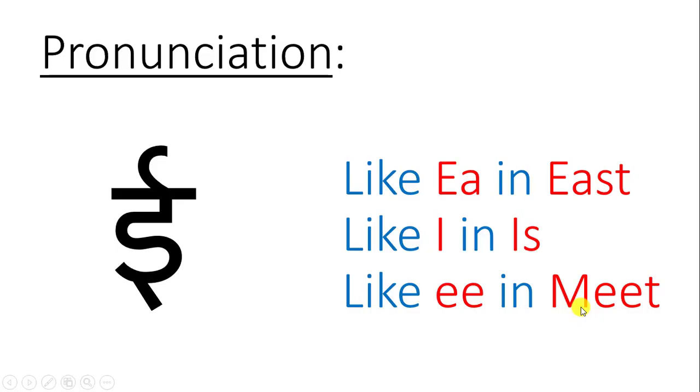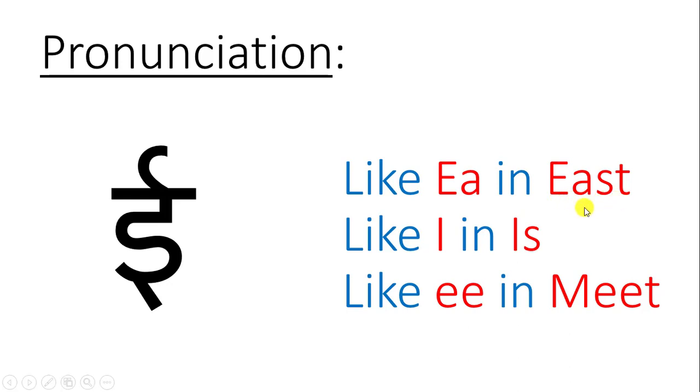Next is ee. Like the ea in east. East. Similar to the previous vowel, but you drag this one. Generally in Hindi, the second one will be the dragged out version of the first one, or the previous one I can say. So this ee is the dragged version of the previous vowel.